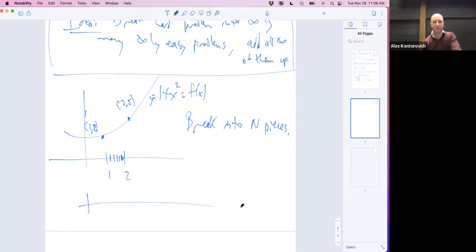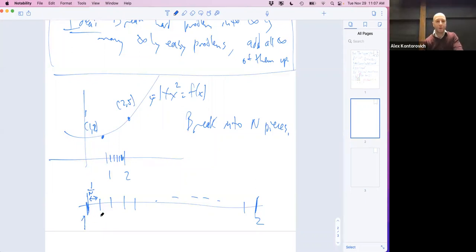Let me zoom in on this a little bit. This is 1 to 2. There are n pieces here. What's the width of each piece? 1 over n. The width of each piece is 1 over n because the full length of the interval is 1. So if you take an interval of width 1 and chop it into n equal pieces, each piece has width 1 over n.